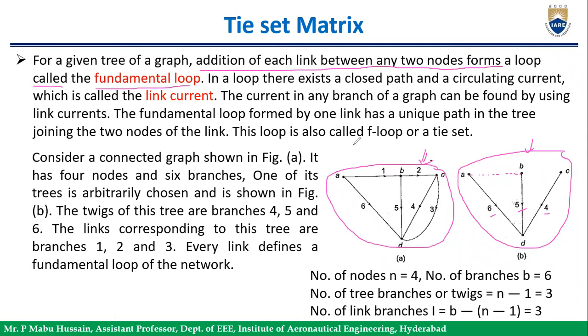So from the graph, first you have to draw the tree, which has all the nodes and no closed loop. With 4, 5, 6 we formed this tree, and on the remaining elements 1, 2, and 3 you can form the cotree. These elements 1, 2, 3 are called the links here.